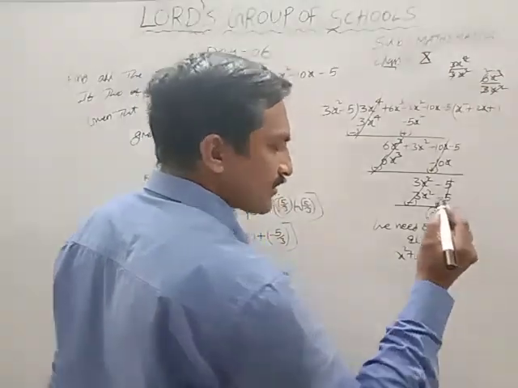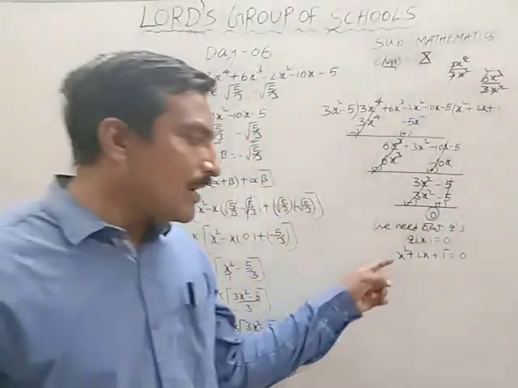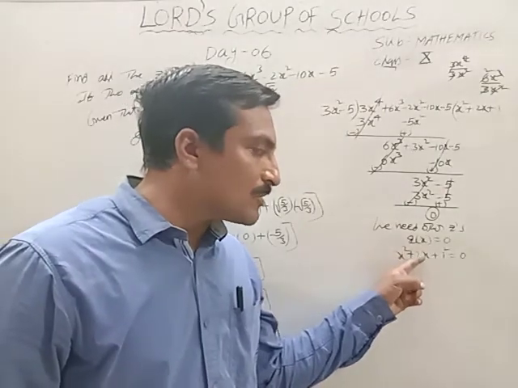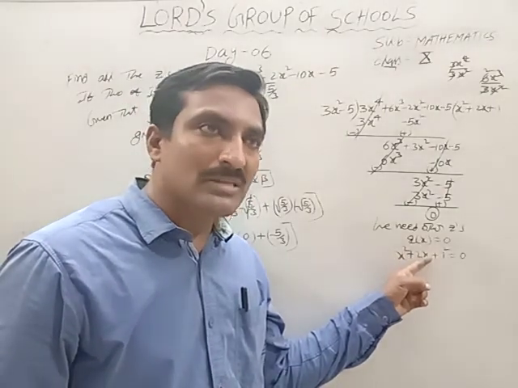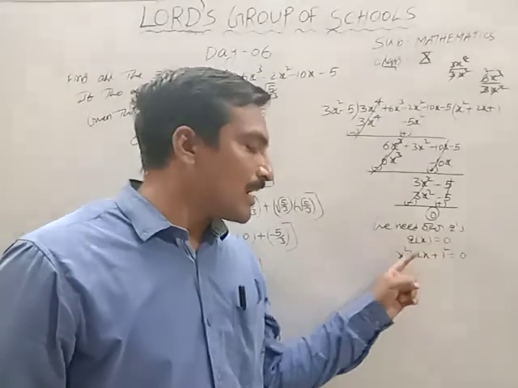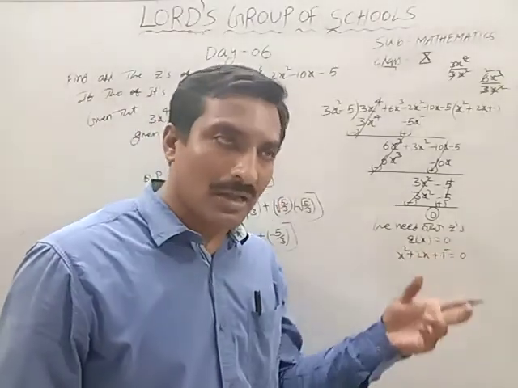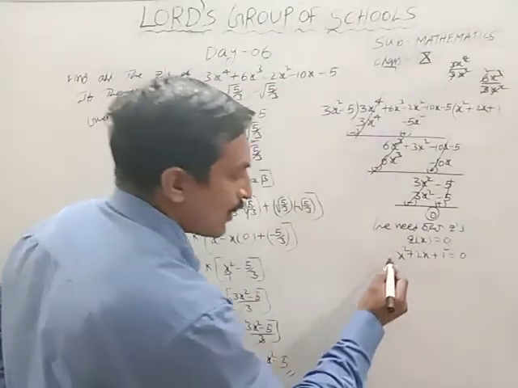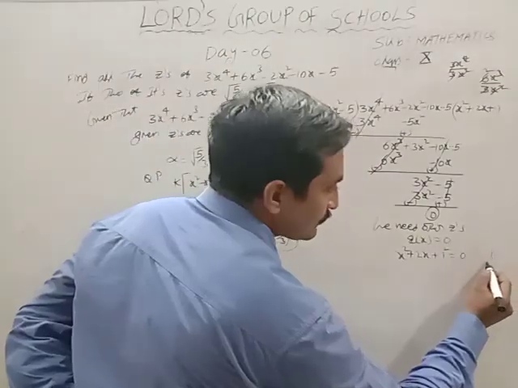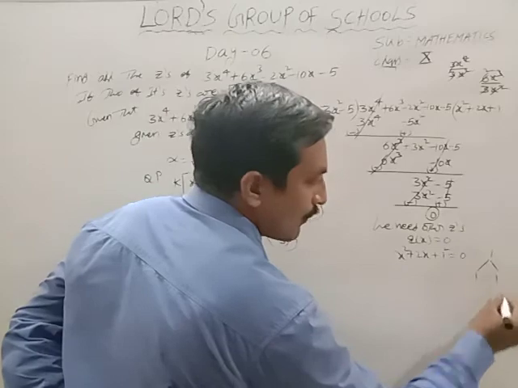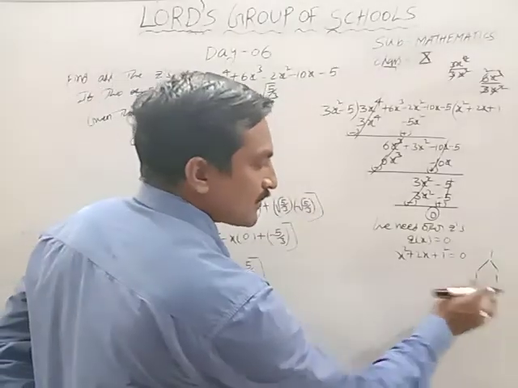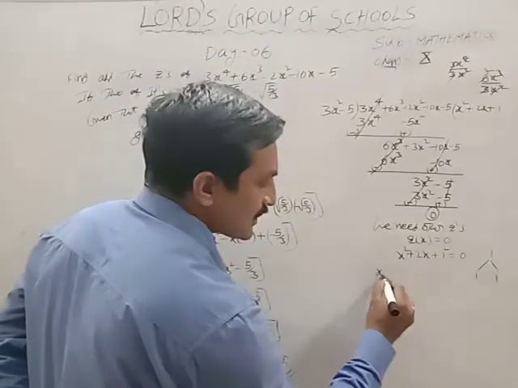It is in the form of a square plus 2ab plus b square, where 1 square is present, or otherwise factorization. 1 into 1, 1 into 1 only is possible. 1 plus 1 is 2, the middle term we are getting.